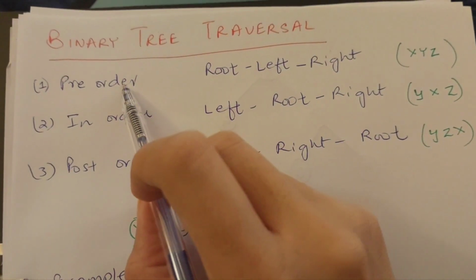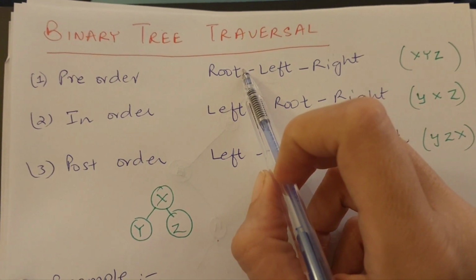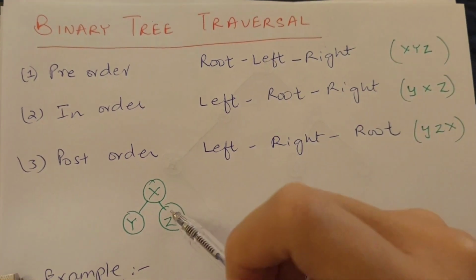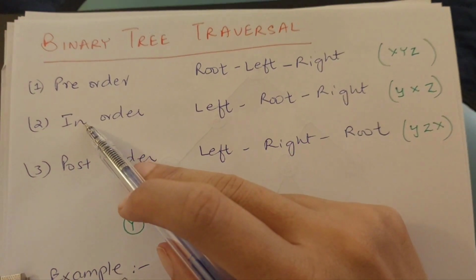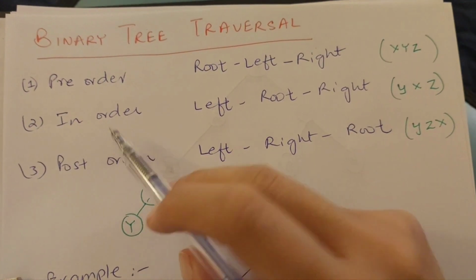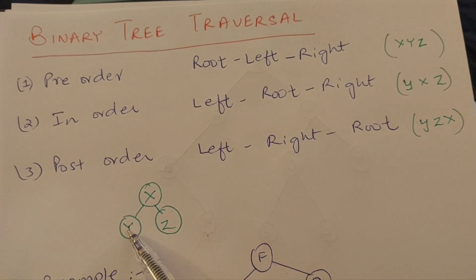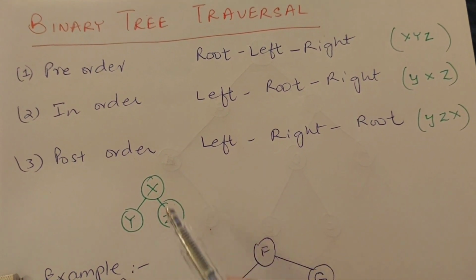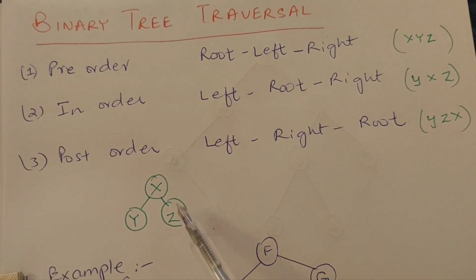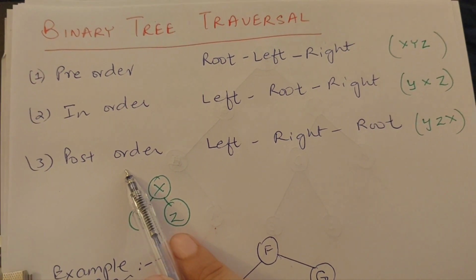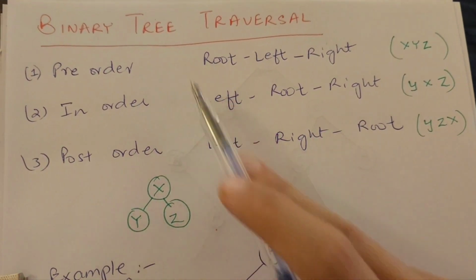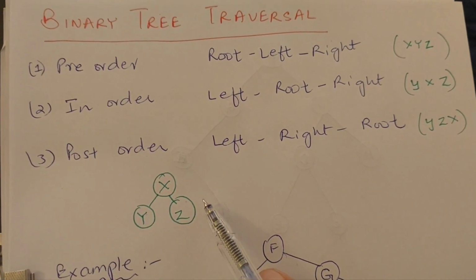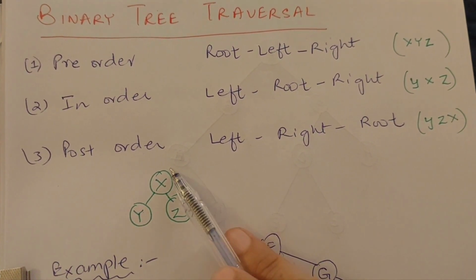In the pre-order traversal, first we visit the root, then we visit the left subtree, and then we visit the right subtree. In in-order traversal, first we visit the left subtree, then we go on to the root, and then we visit the right subtree. In post-order traversal, first we visit the left subtree, then the right subtree, and then we go on to the root.